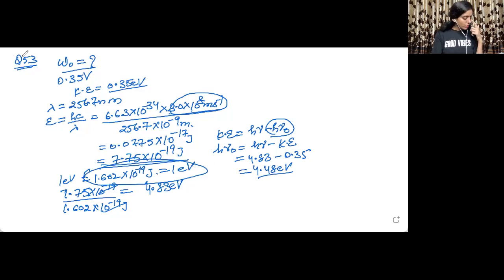Okay, now let us move into question number 54. So the statement for this question is, let's just see what is the statement for question number 54. If the photon of wavelength 150 picometer strikes an atom and one of its inner bound electrons is ejected out with velocity, okay, so lambda is equal to 150 picometer.